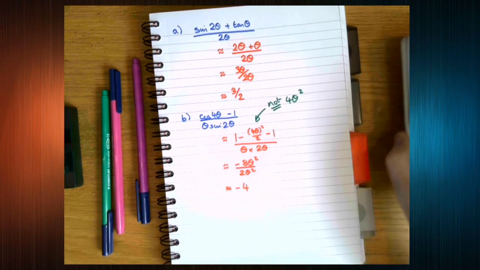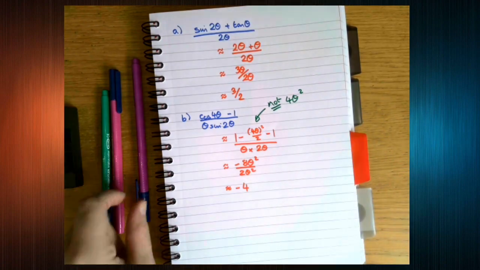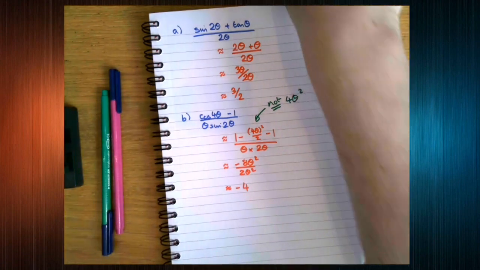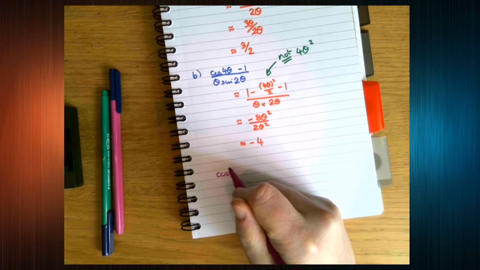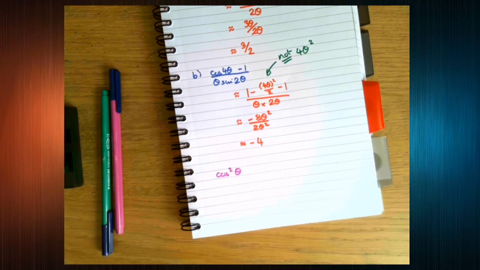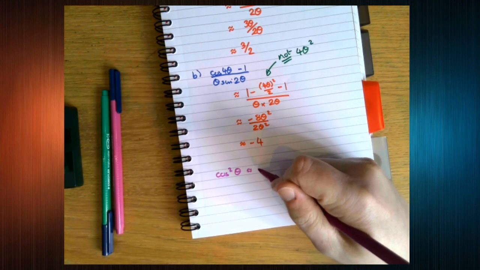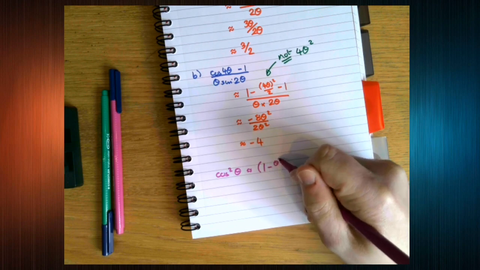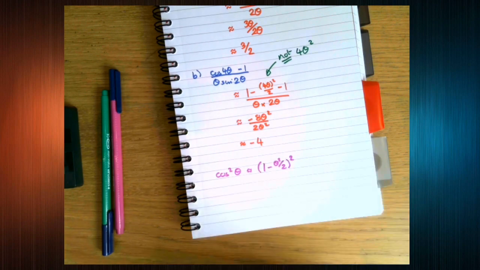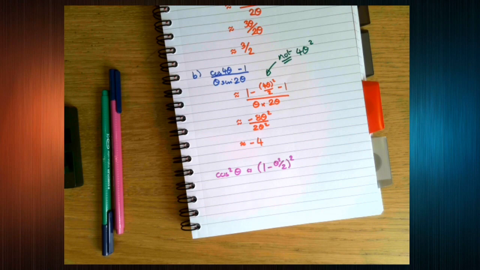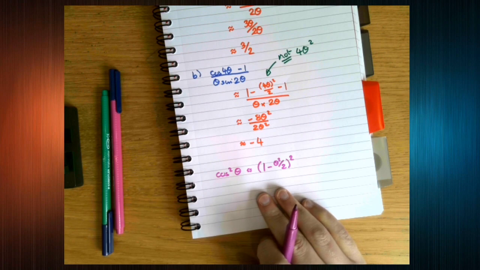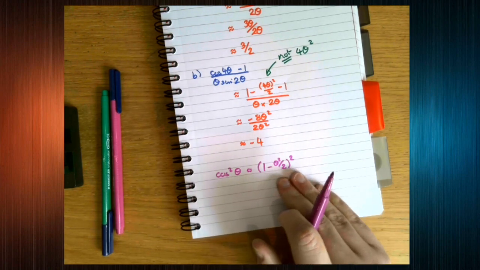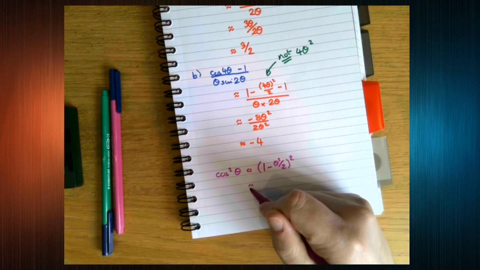Now, just something to pay attention to, it's not on this page of the workbook, but something that the exam would like to do a lot is worry about things like cos squared theta. Now, when this is small, it's approximately equal to that. If this comes up, you've got to make sure that you are expanding these brackets correctly.